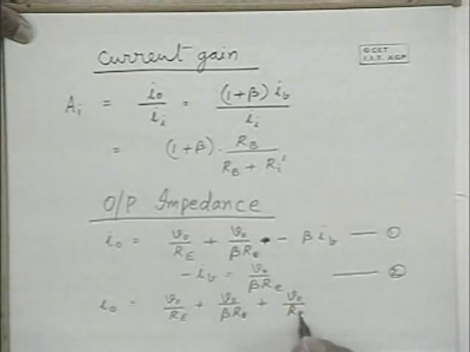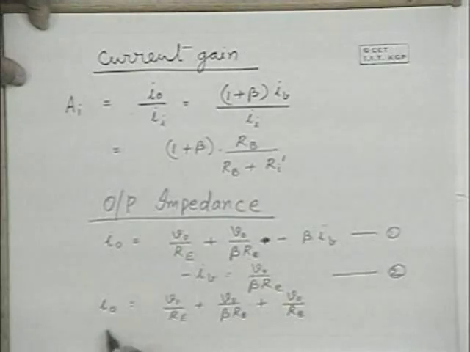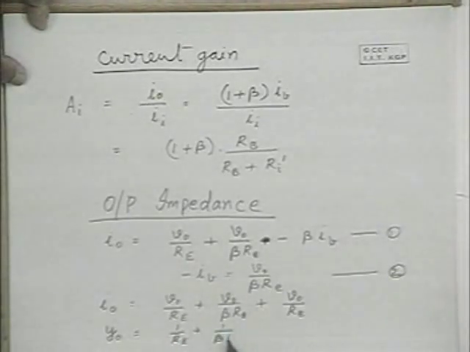So V0 divided by I0 gives you the output impedance, and I0 divided by V0 gives you the output admittance. Now the output admittance is 1 by RE plus 1 by beta RE plus 1 by small re.